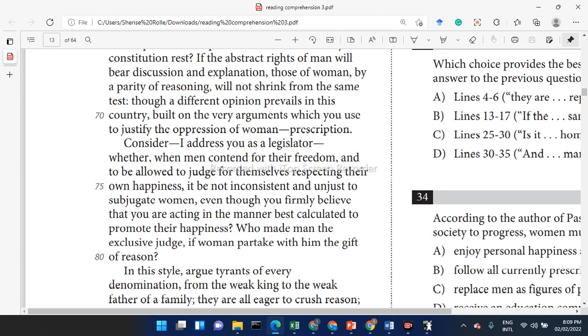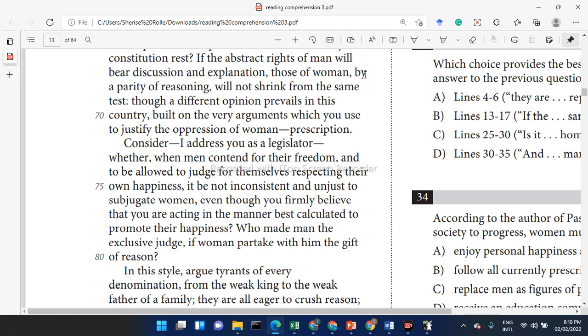those of woman, by a parity of reason, will not shrink from the same test. Though a different opinion prevails in this country, built on the very arguments which you use to justify the oppression of woman, prescription.